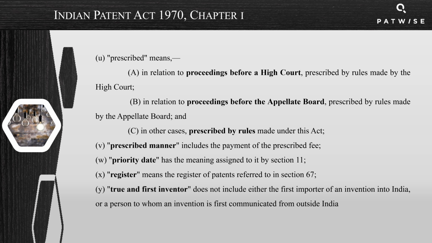This section further defines the word prescribed in relation to proceedings before a High Court, proceedings before the Appellate Board, or proceedings by the rules under this Act. So wherever the word prescribed is used in this whole section, it has to be taken as in proceedings before the High Court, Appellate Board, or before the rules made under this Act. Prescribed manner, priority date, register, true and first inventor.